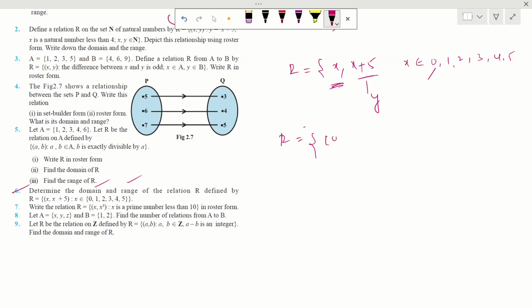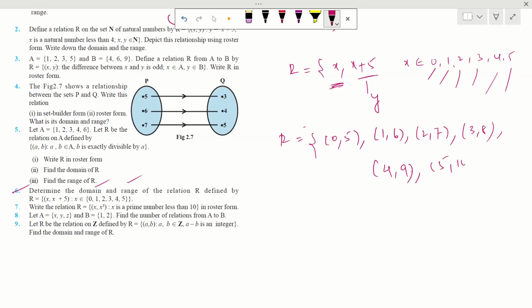When we put 0, 0 plus 5 is 5, and 1 plus 5 is 6, 2 plus 5 is 7, and 3 plus 5 is 8. When we put the value of 4, then 4 plus 5 is 9, and 5 plus 5 is 10.